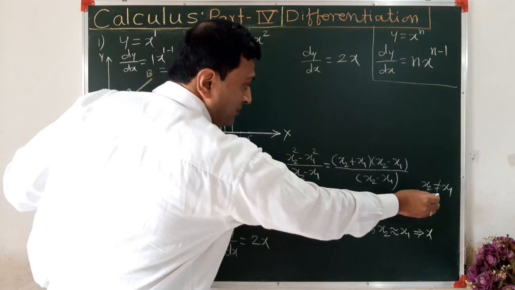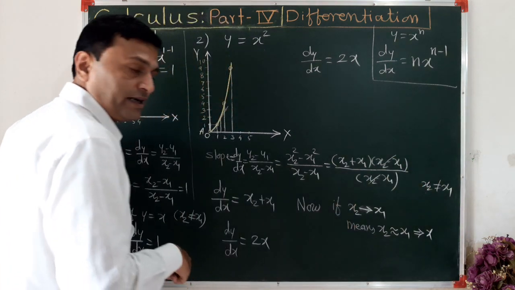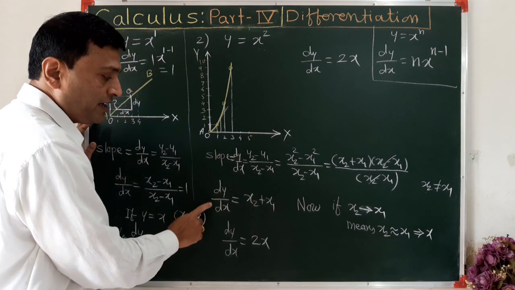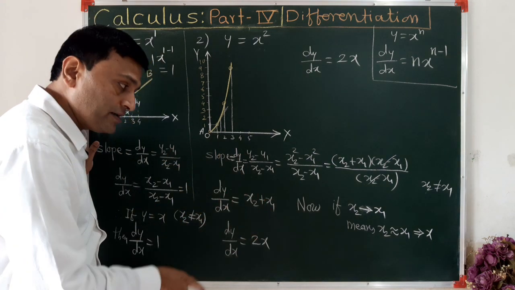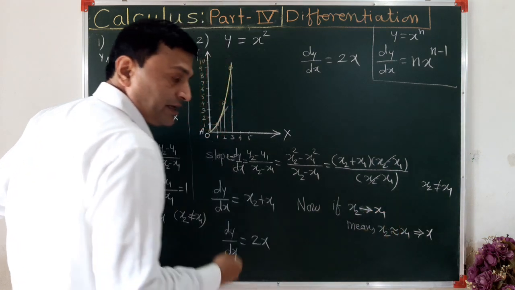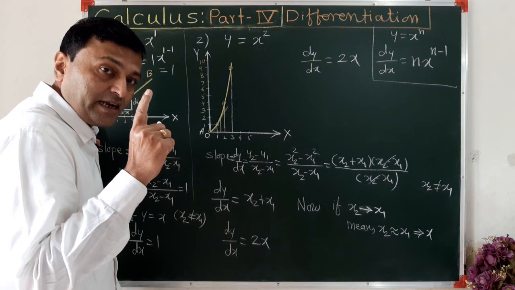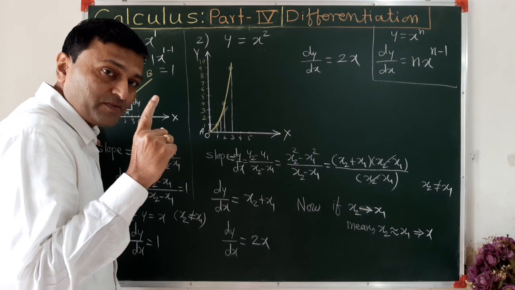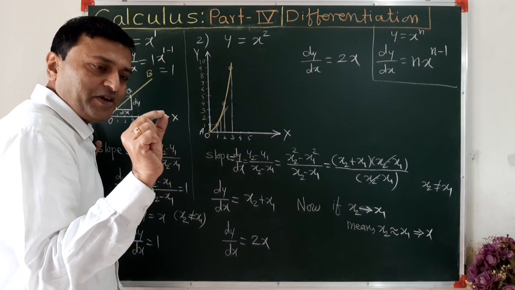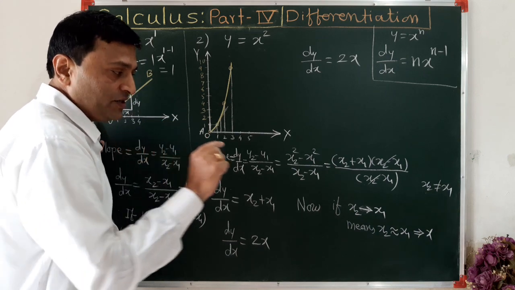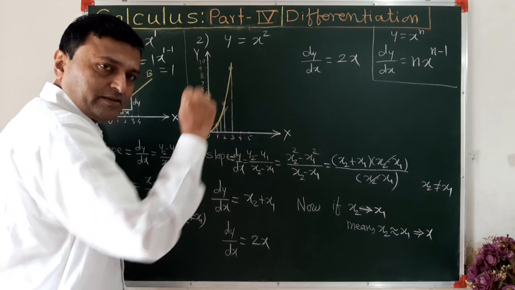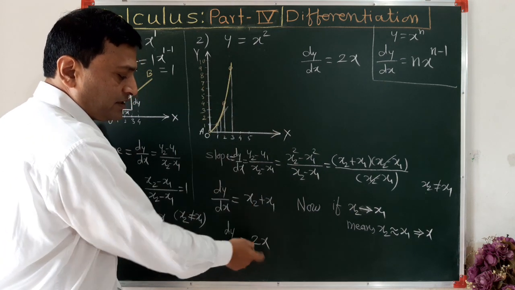Now if this is the condition, you can get cancelled. Then you will get only x2 plus x1. dy by dx is x2 plus x1. But as x2 is very close to x1, dx is tending to 0, means both values are infinitesimally close, then you can put both as almost the same, that is x. Then x plus x is 2x.